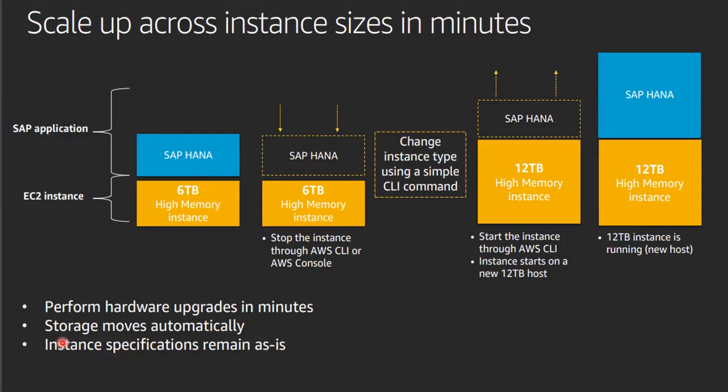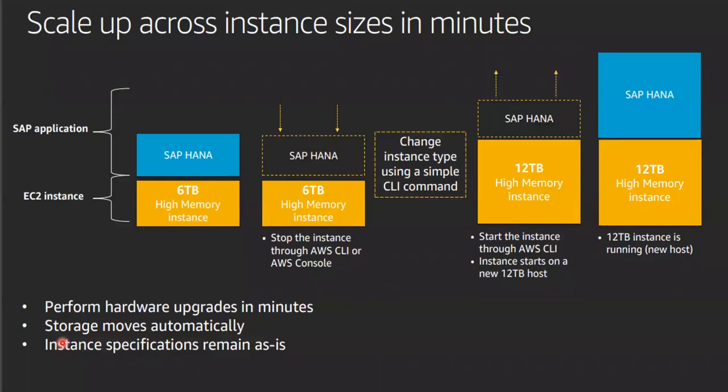It's very handy, especially when we have to do hardware upgrades. It won't take much time. You can be up and running in minutes. The storage will move automatically because these are network attached storage, so it will automatically get attached to your new instance. When you do a stop and start, the EC2 instance will move to a new host.